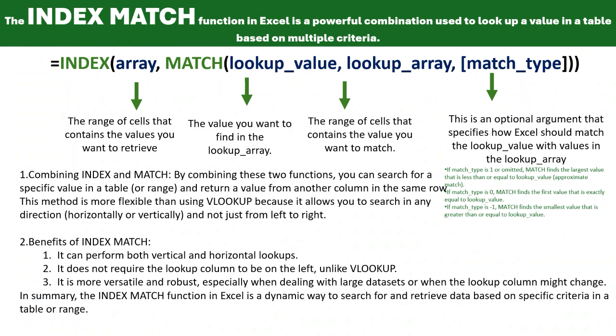It does not require the lookup column to be on the left, unlike VLOOKUP. It is more versatile and robust, especially when dealing with large data sets or when the lookup column might change. In summary, the INDEX and MATCH combination in Excel is a dynamic way to search for and retrieve data based on specific criteria in a table or range.